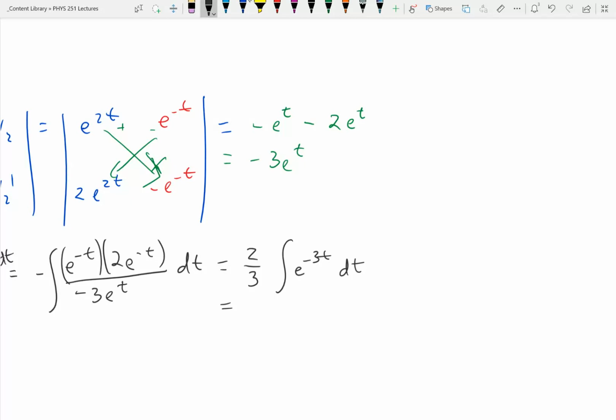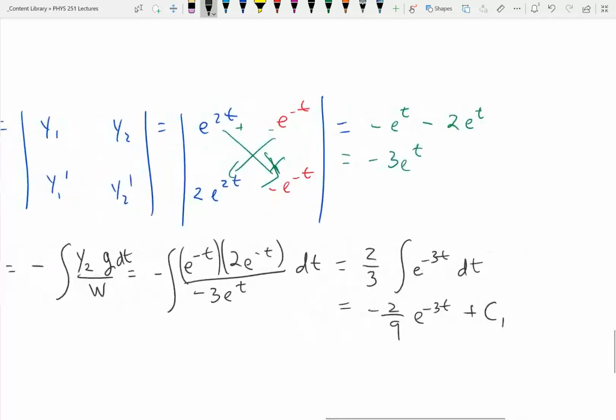It becomes 2/9. It doesn't feel like I'm doing it wrong, it just doesn't feel familiar. Okay, so there is my u1.